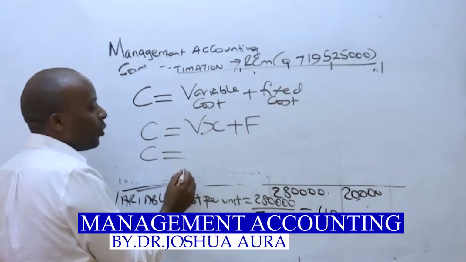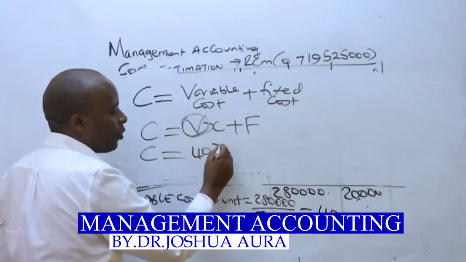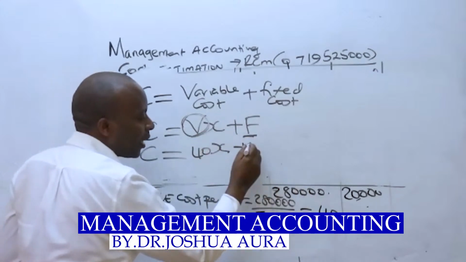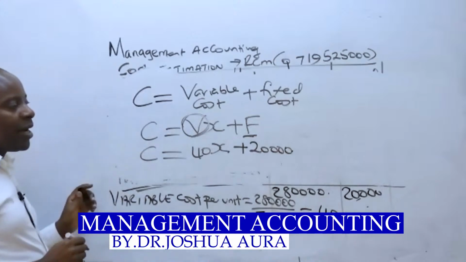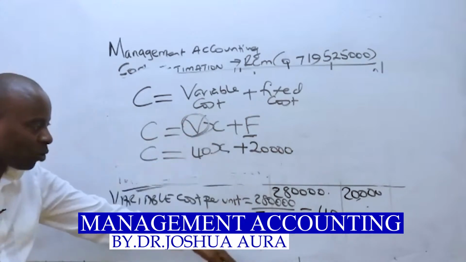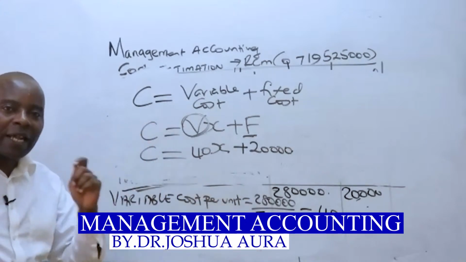My cost here will be equal to the variable cost per unit of 40 times the number of units, which can fluctuate, plus fixed cost of what here? 20,000. Remember, X is 7,000 for this particular cost estimate, but I needed an equation that can flex.